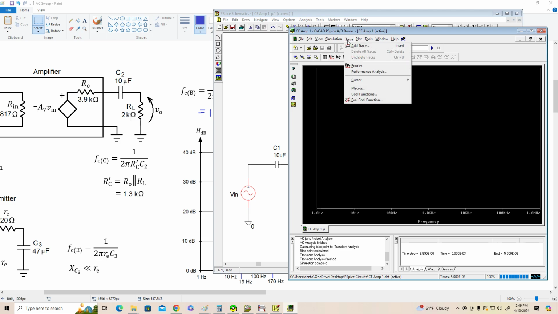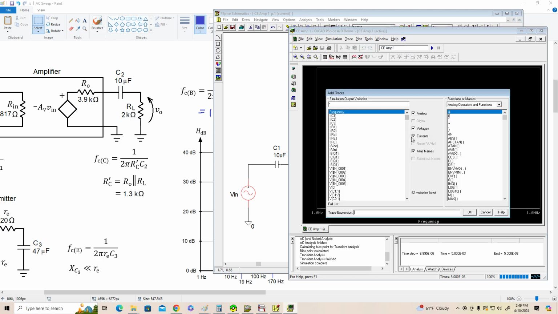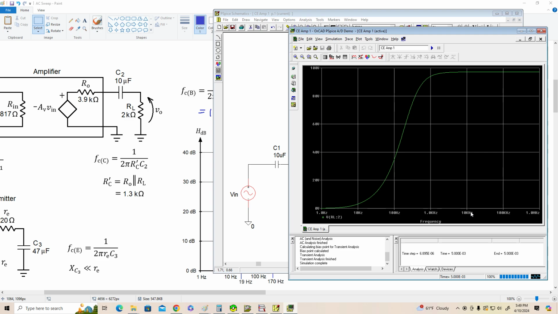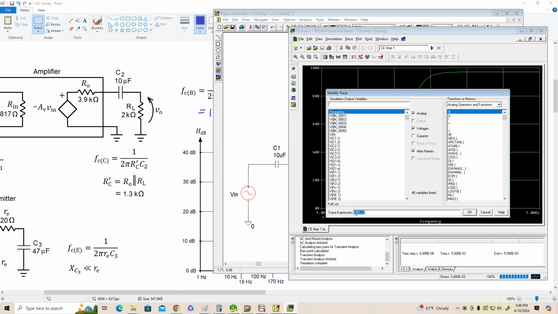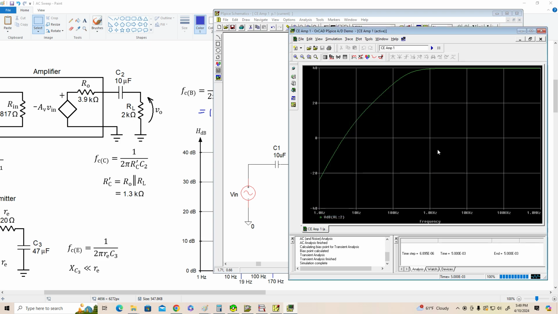All right, so I hit Trace, Add Trace. Let's get rid of these currents, and let's find VRL2, and there we go. Now we also want to look at this in decibels, so let me double click on its label here and insert dB, and there is our Bode plot for the frequency response for this amplifier.